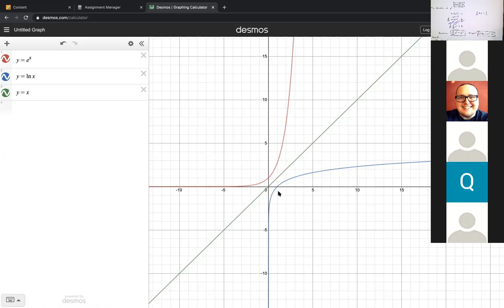So the blue is the natural logarithm, and the red is the exponential. Okay, any questions before we do some more examples?